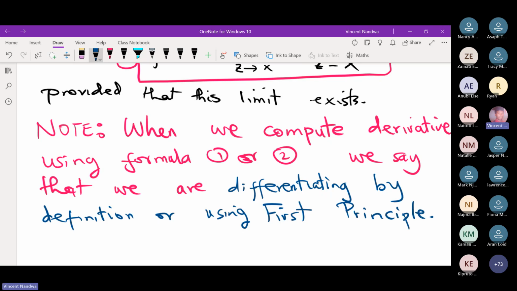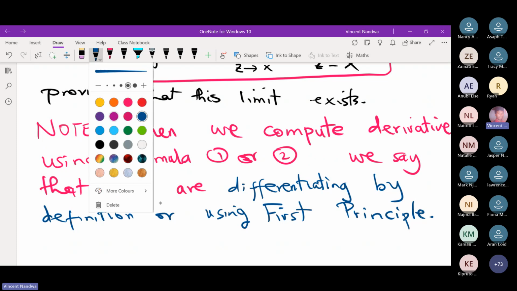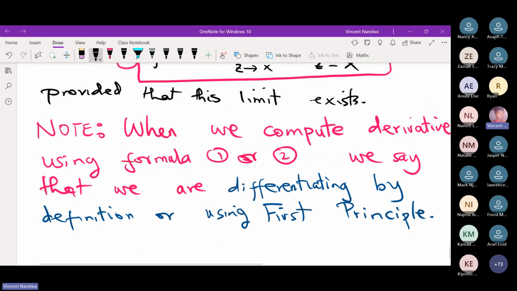So whenever you compute a derivative using the limit definition, we say you are differentiating using definition, or differentiating using first principle.